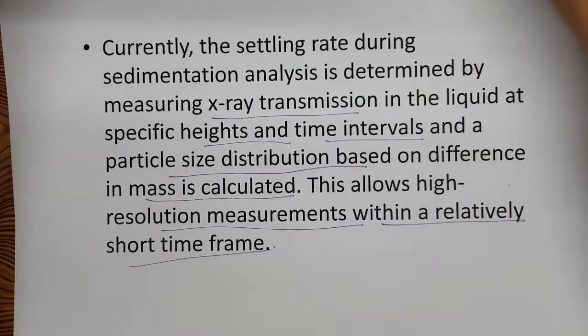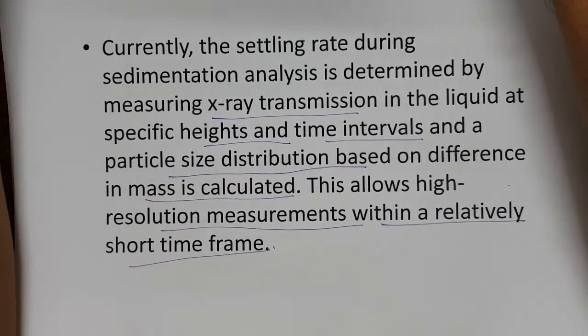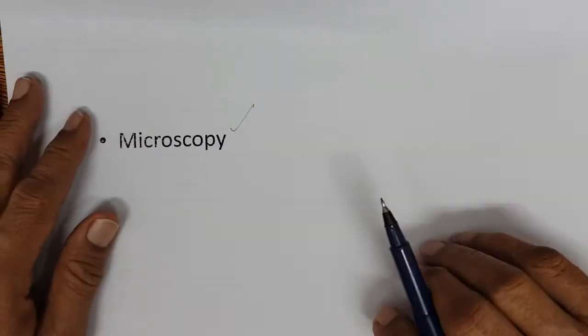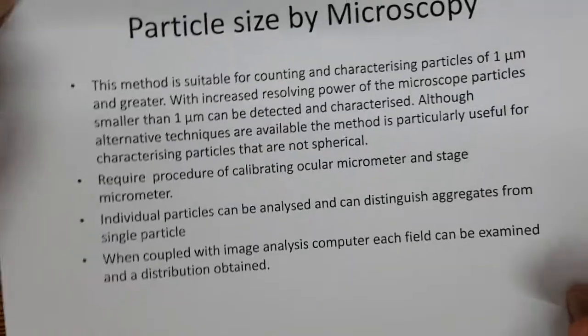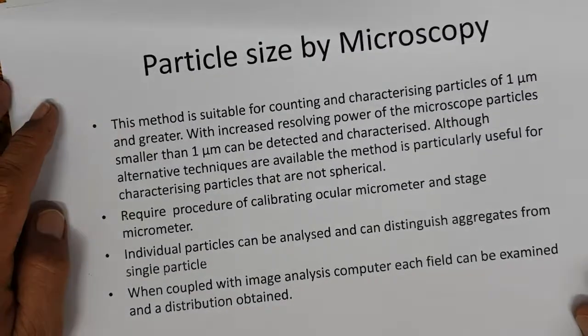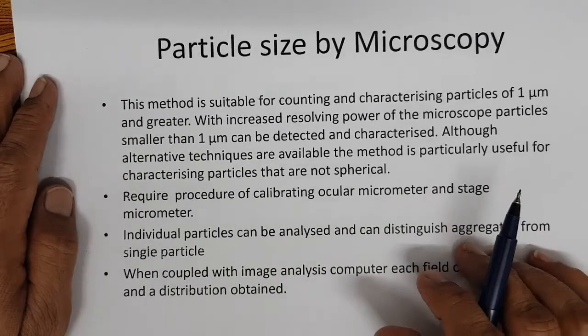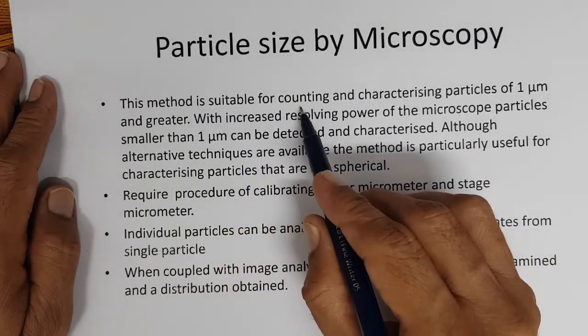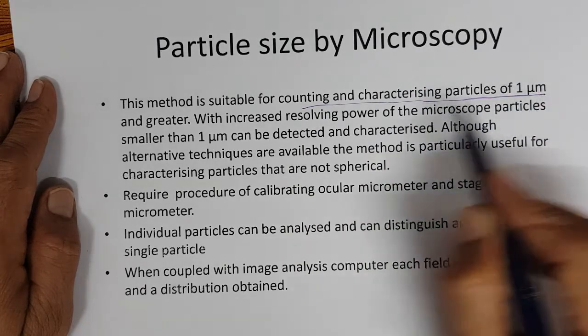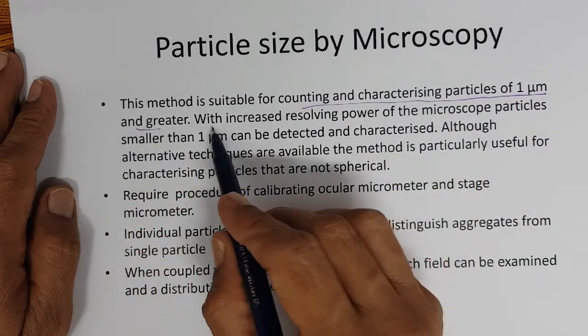So this is one technique. The other technique is microscopy, using a microscope, right? What happens by microscopy? This method is suitable for counting and characterizing particles of 1 micrometer and greater.